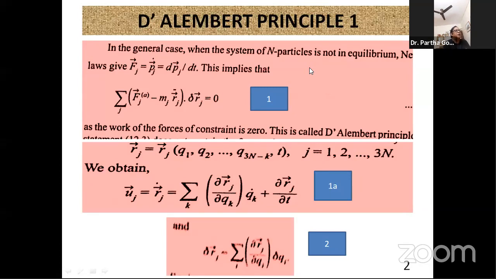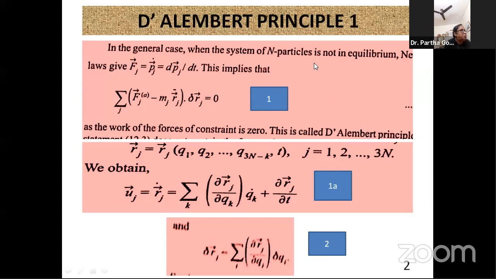So what is this lambda? Lambda is the number of what? Independent coordinates. That is 1, 2, 3, 4, and so on up to 3n minus k. Writing k has created, in fact, probably confusion in the mind of the participant.